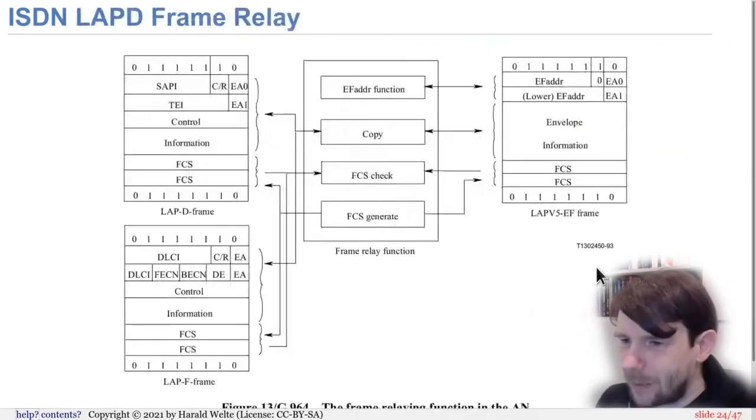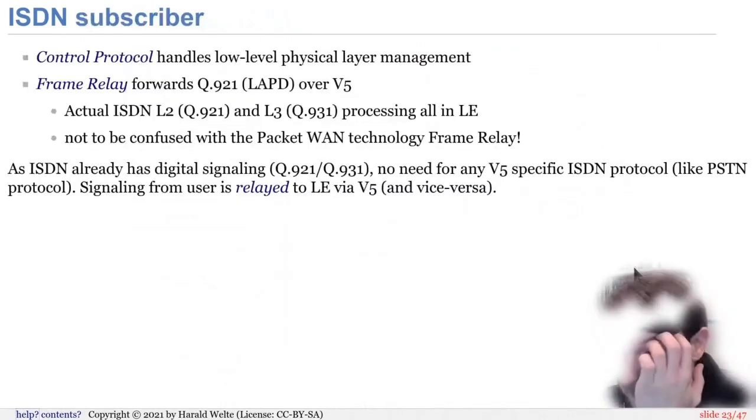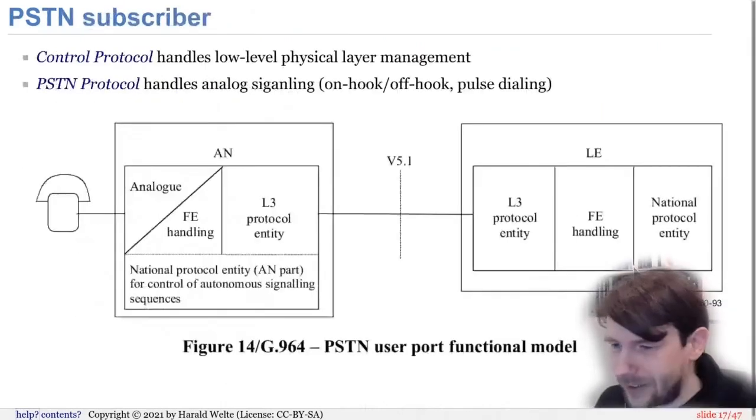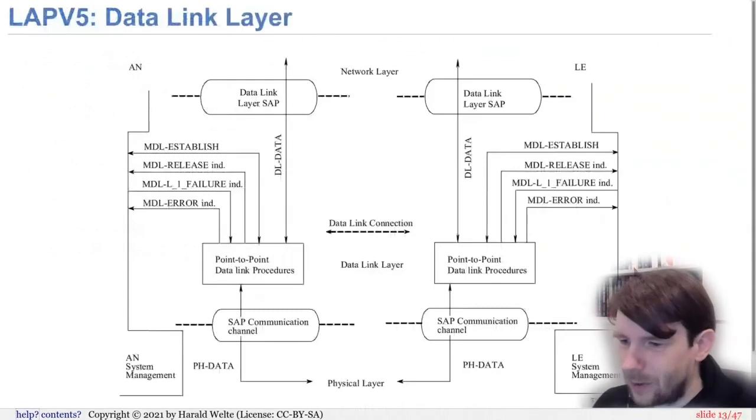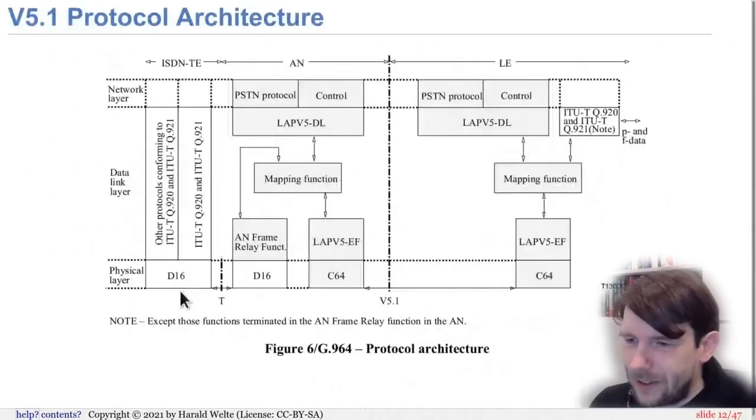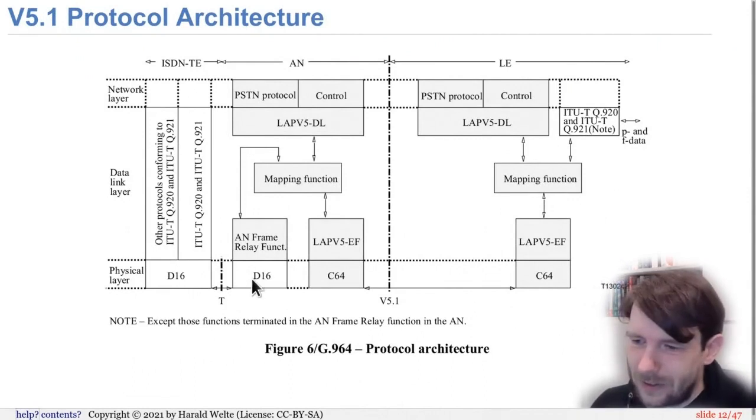Looking at different graphs, there is this one that we had before. So basically, we have here on the ISDN access side, Q921 messages on 16 kilobit D channels. And those messages arrive here on the 16 kilobit D channel from the subscriber at the access network.